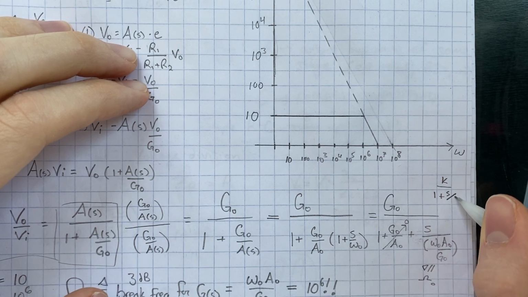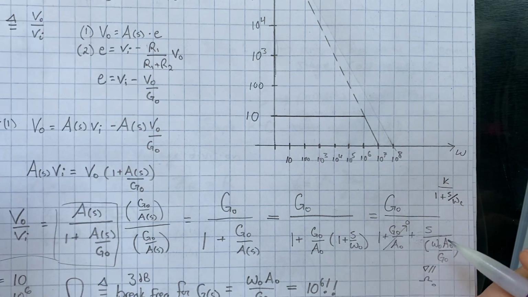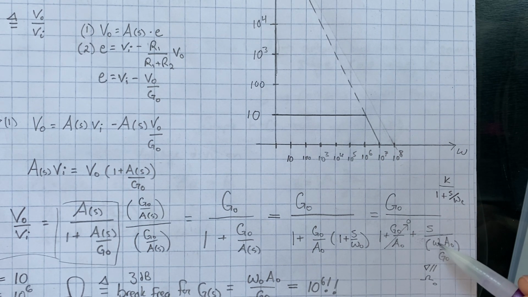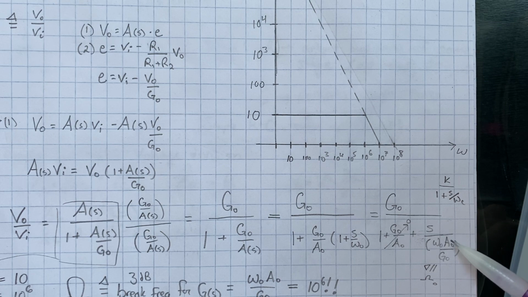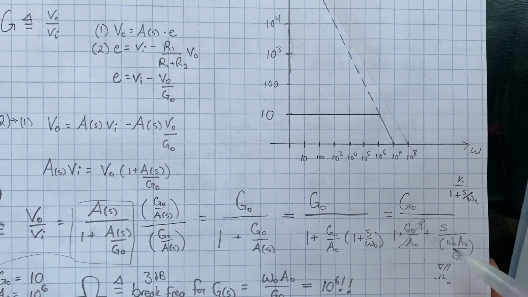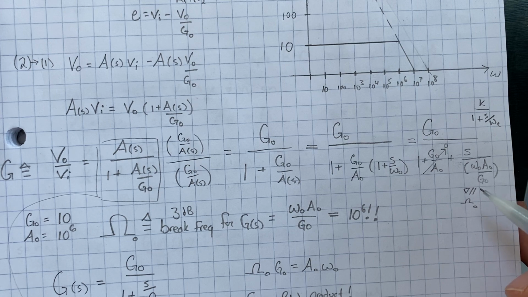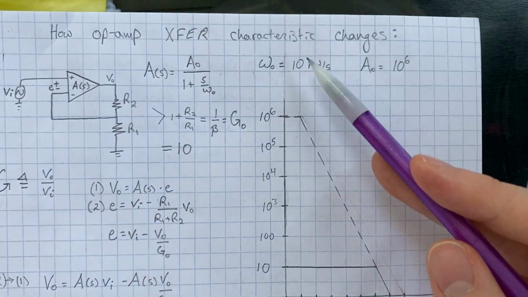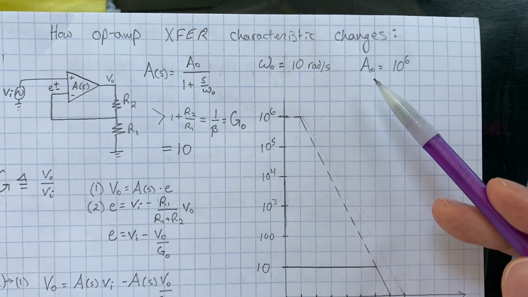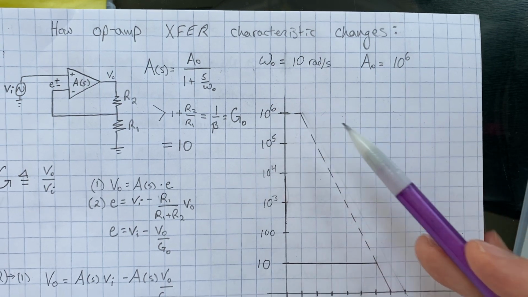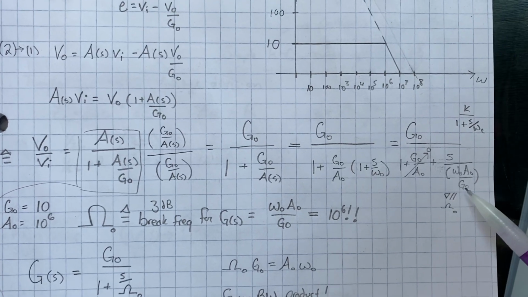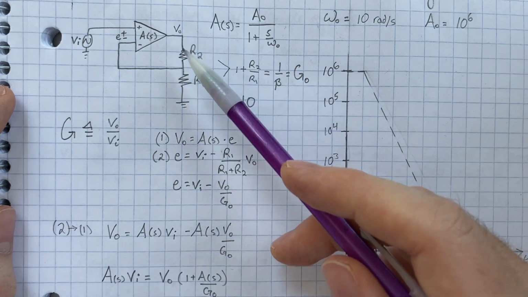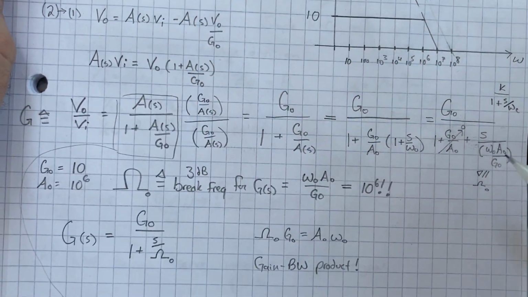1 plus S over some cutoff frequency, where in this case our cutoff frequency, big omega naught, is little omega naught times big A naught over G naught. If we go back and look at what those quantities are, remember omega naught was the pole of our compensated op amp, big A naught is our million intrinsic gain, and G naught was our created 10 voltage gain from our non-inverting op amp.